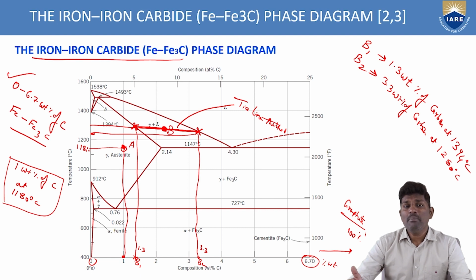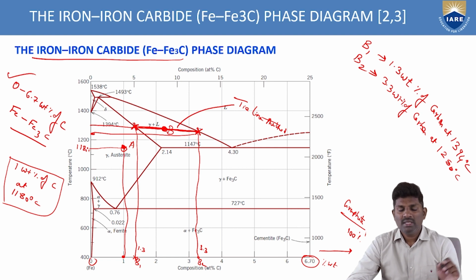But if the point is lying in the two phase region, then you have to use the tie line method. In the name itself you have tying a line in between that point. We are drawing the line which passes through the point B or A, and it has to connect those two phases.